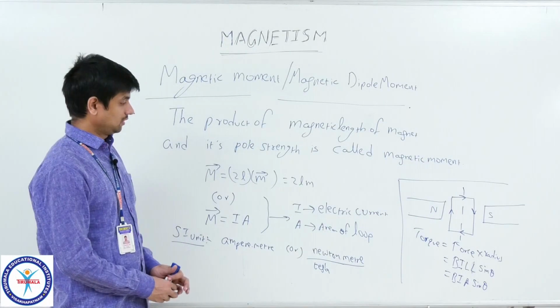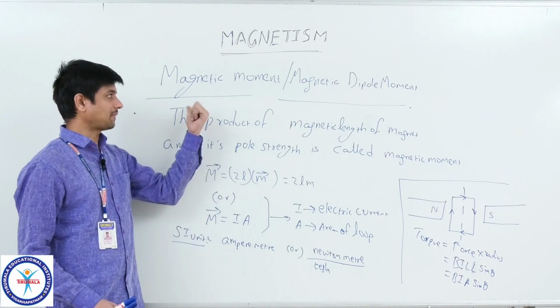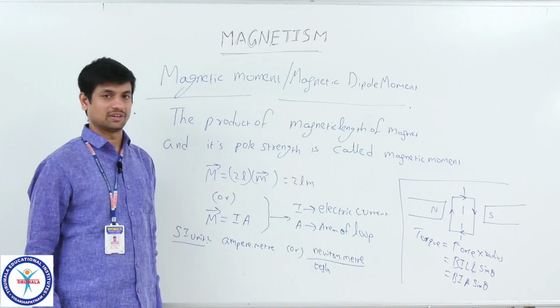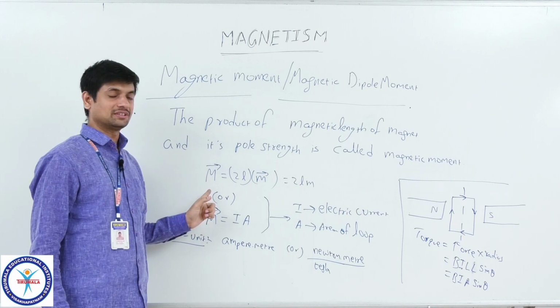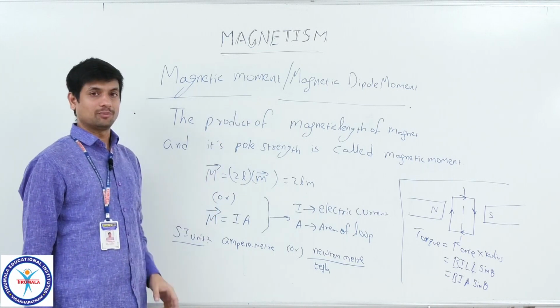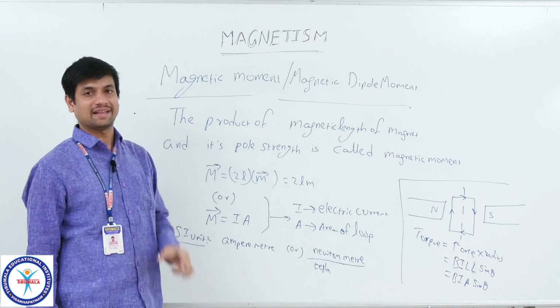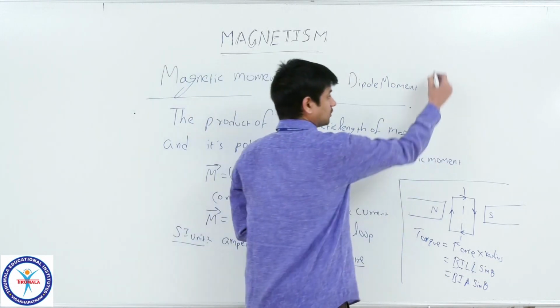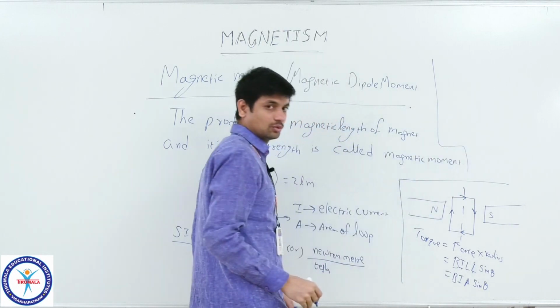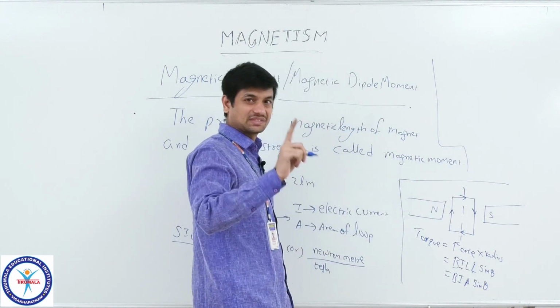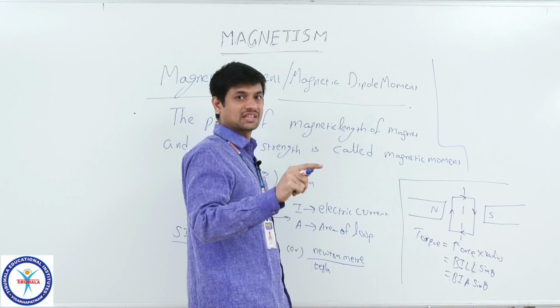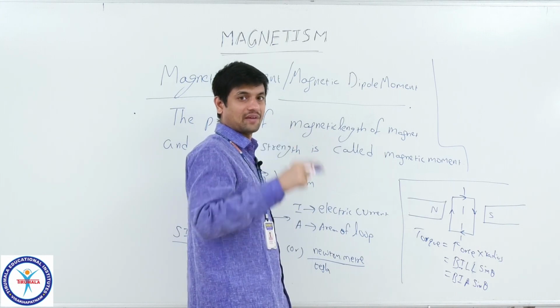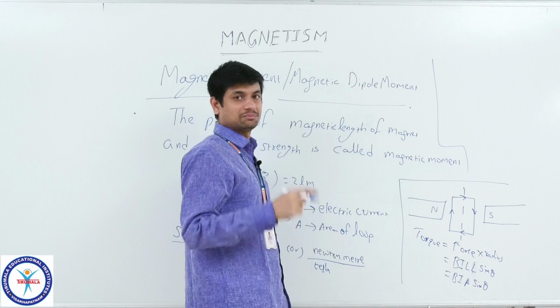So we have learnt what is magnetic moment and magnetic dipole moment. Magnetic moment means, here I am using the word moment. Moment is a mathematical expression. It gives you the product of one physical quantity and the physical quantity being varied by maintaining some distance.